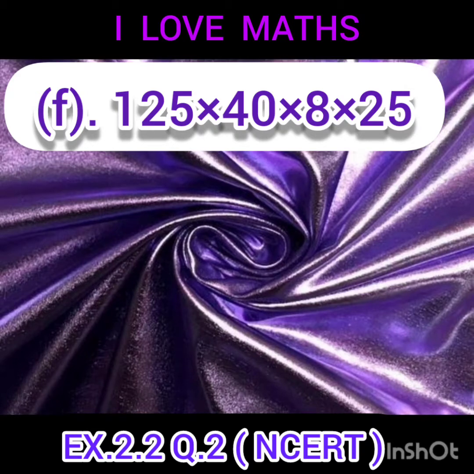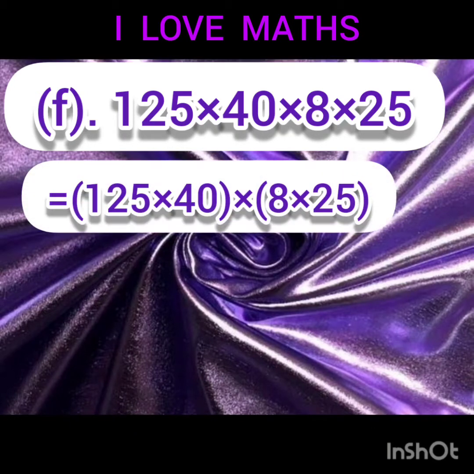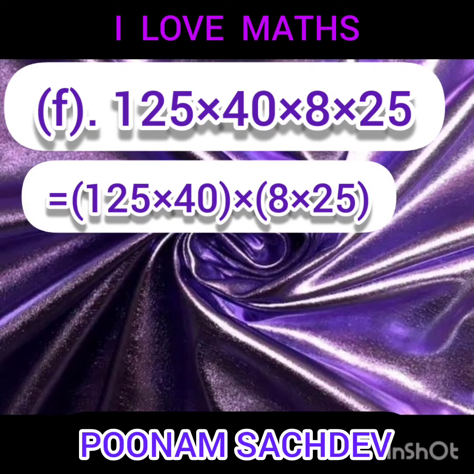F. 125 into 40 into 8 into 25. Now, for our convenience of multiplication, let's try to make a group. Let's make a group of 125 into 40 and another group is 8 into 25.